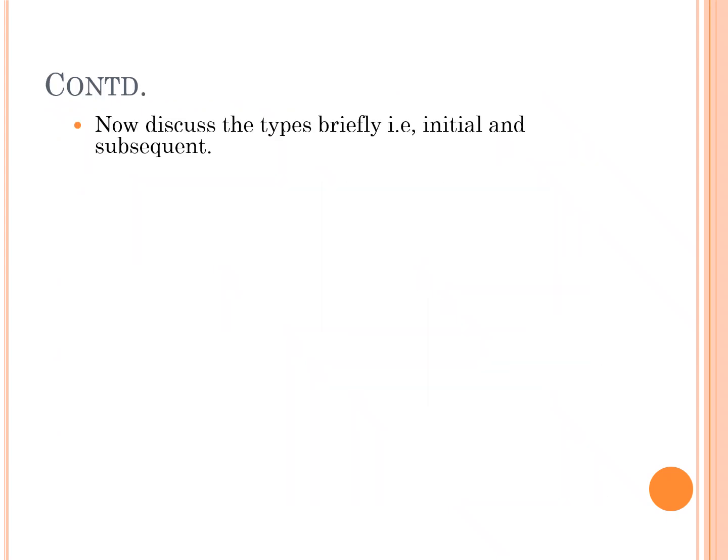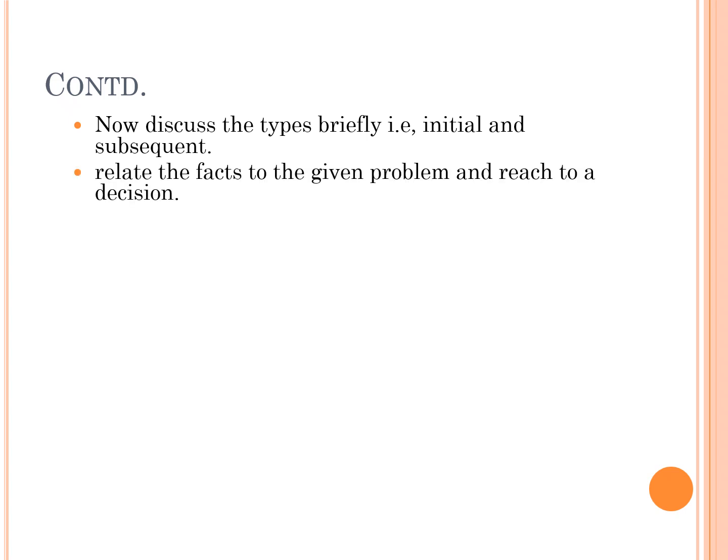For example, whether there is initial impossibility or subsequent impossibility, and the issue of physical impossibility: whether physical impossibility is a form of impossibility provided under section 56 or not. Physical impossibility is not provided; that is not the kind of impossibility that section 56 safeguards against. So that can be discussed.